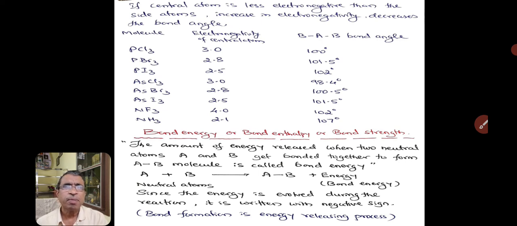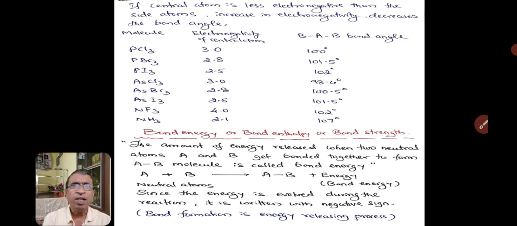If I take similar examples like arsenic chloride, arsenic bromide and arsenic iodide, the bond angle increases from 98.4 degrees to 100.5 degrees and 101.5 degrees.